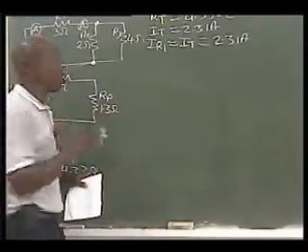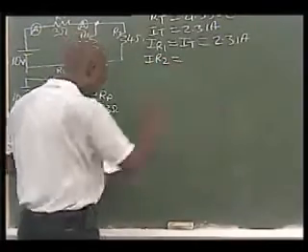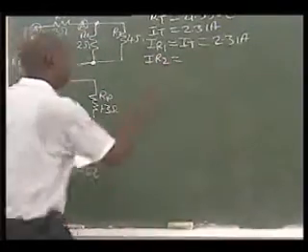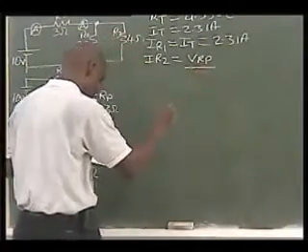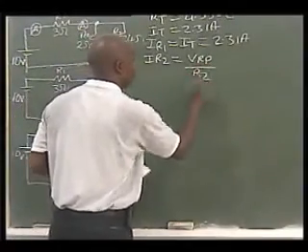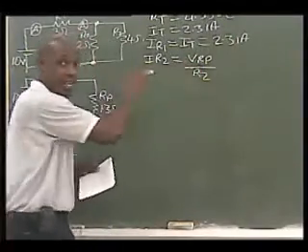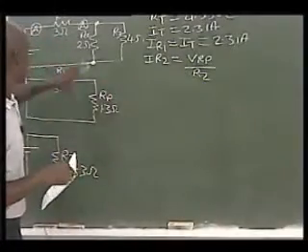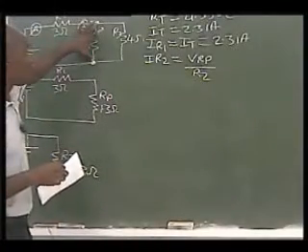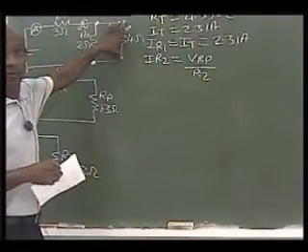However, IR2 and IR3 will be different, because we learned that in a parallel circuit, current is different across each component. So IR2 is going to be equal to VRP over R2. Please note, I did not put VT there. I put VRP. So whatever voltage is found across this node is going to be the same voltage across this node.